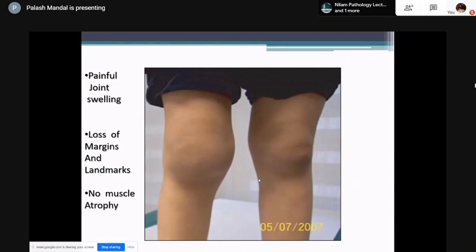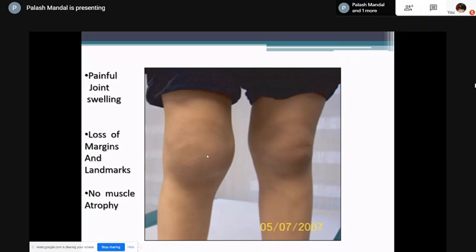You see, the child is having this swollen right knee. Okay, so that means there has been some intra-articular bleed. The joint space is filled up with blood. That's why it is swollen. Since we know that the person is suffering from hemophilia, we can very well understand.